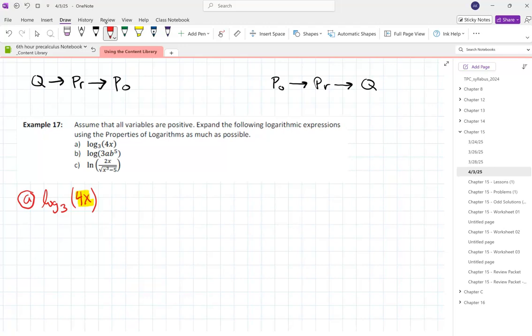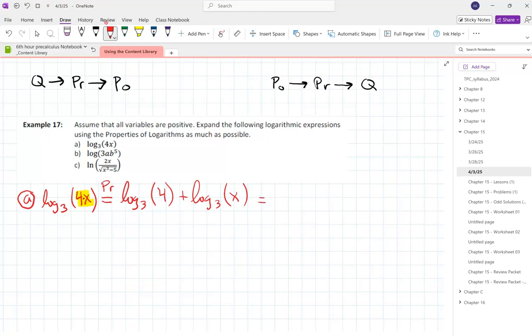Between the 4 and the x, right? There's really a little times symbol in there. So I can use the product property then to rewrite this as log of 4 plus log of x. Everybody feel good there?